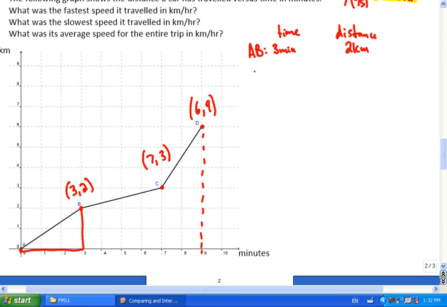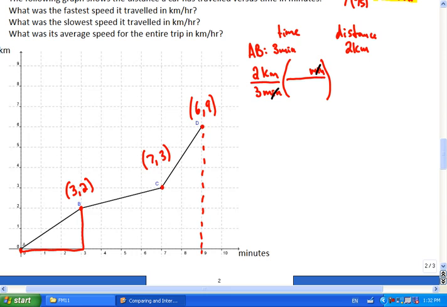If you went 2 kilometers in 3 minutes, okay, we don't want minutes anymore, right? We want hours. So top or bottom, where will I put minutes to get rid of it? Yeah, it's going to go on the top so that they cancel out here.